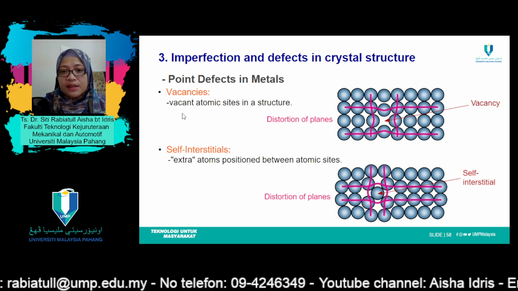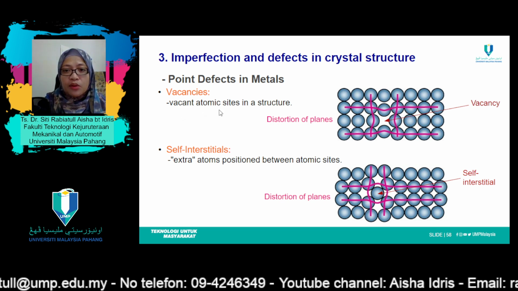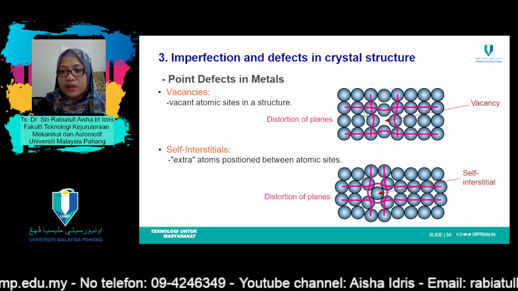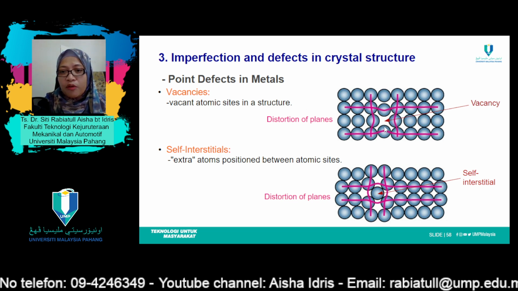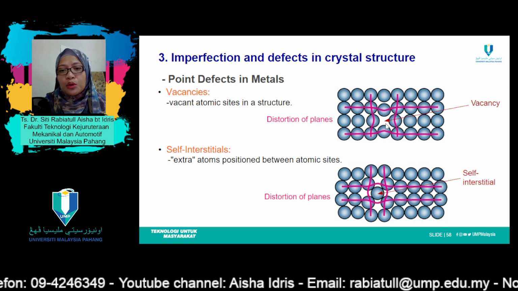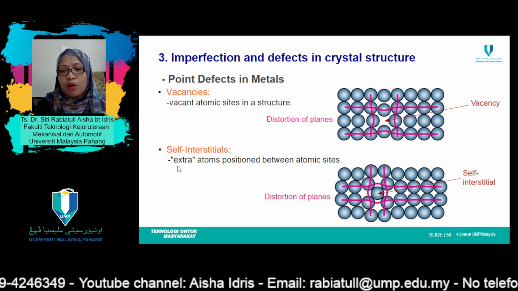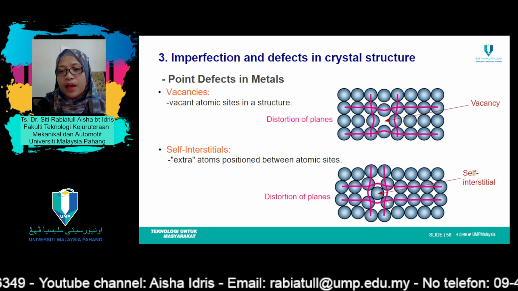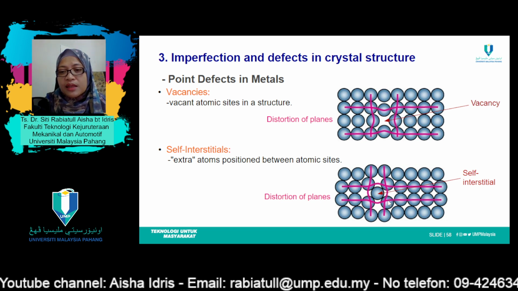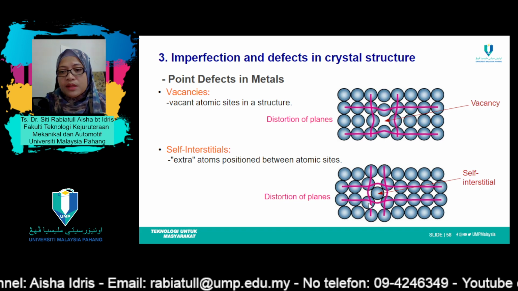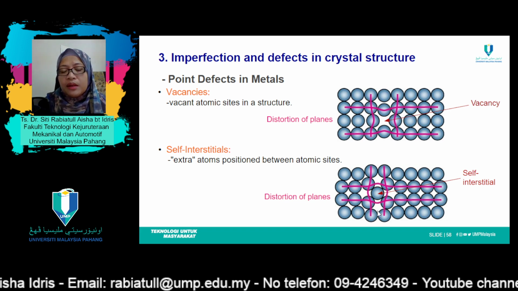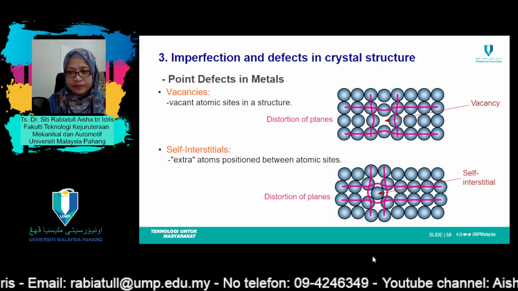Vacancies are vacant atomic sites in a structure. So you can see there's a vacancy in that structure over here, with the plane being distorted. Meanwhile, for interstitial, you may find there's an extra atom positioned between atomic sites, with the plane being distorted.